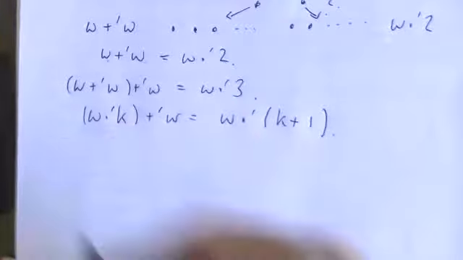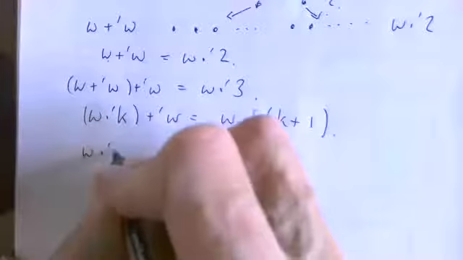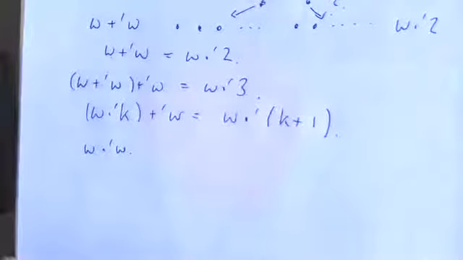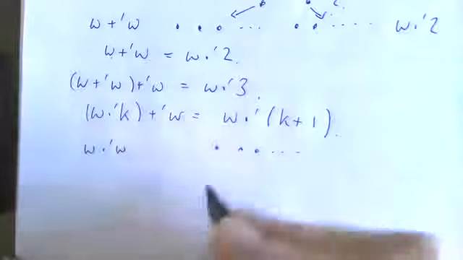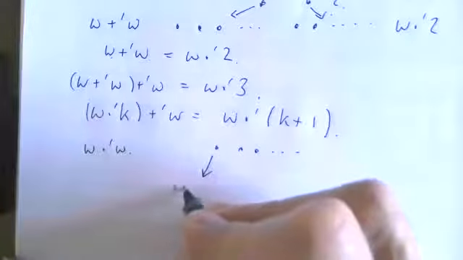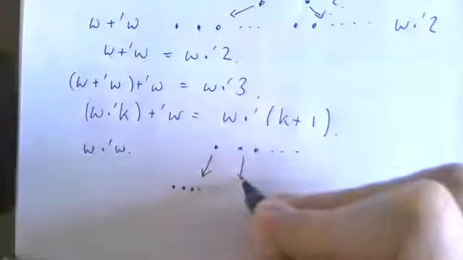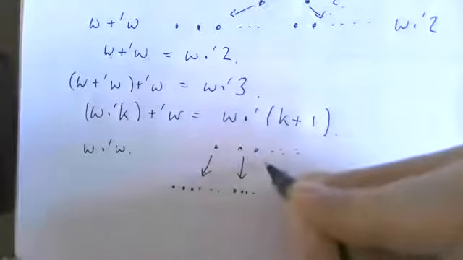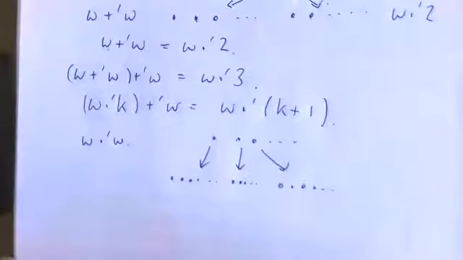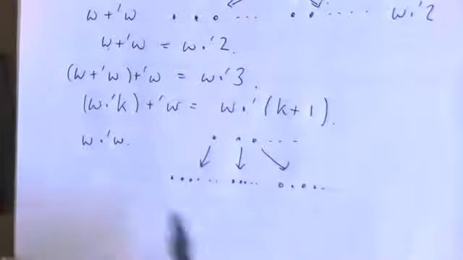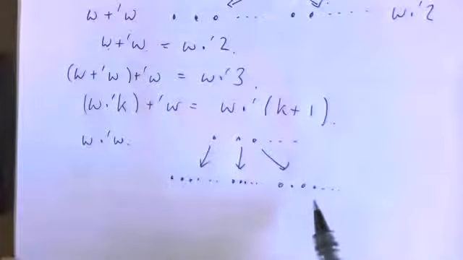There are also going to be things like omega times omega. So this says take a copy of omega, and I replace each one with a copy of omega. So the pictures are getting bigger and bigger. And later we will call this omega squared, this picture.